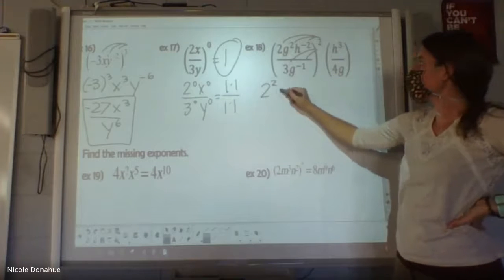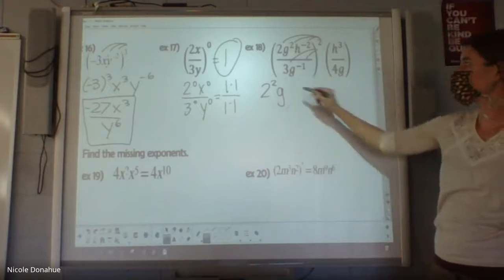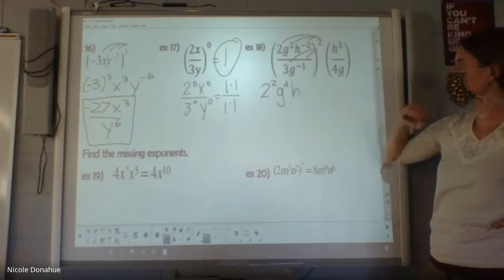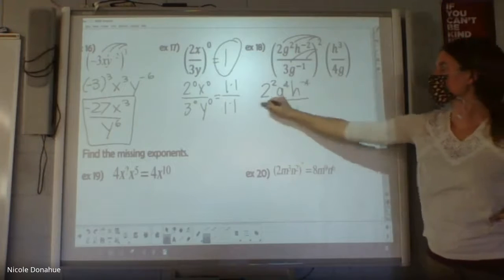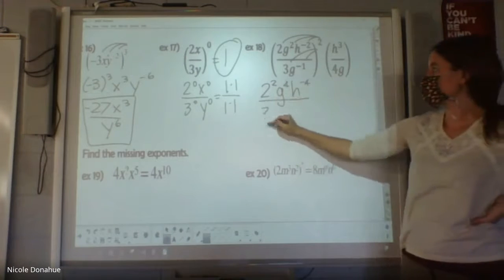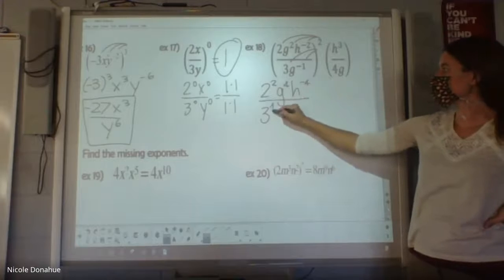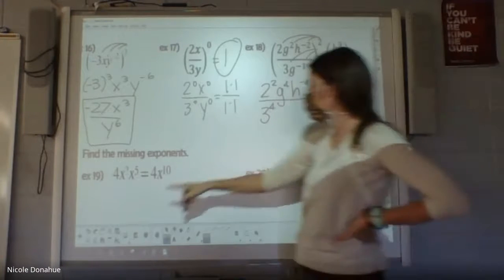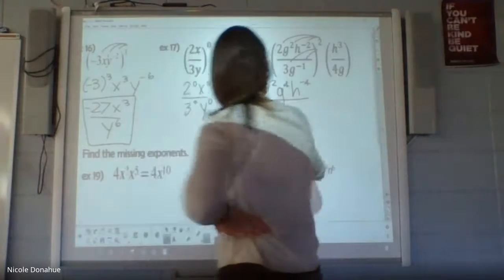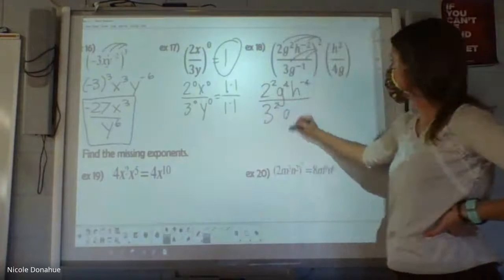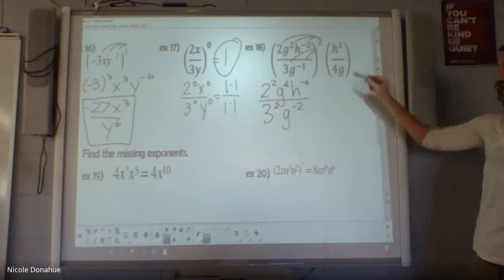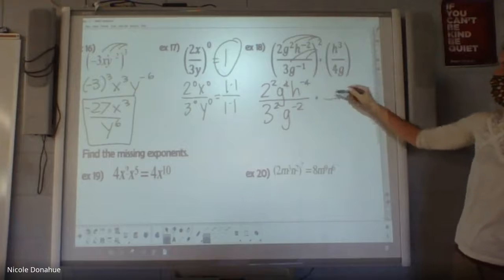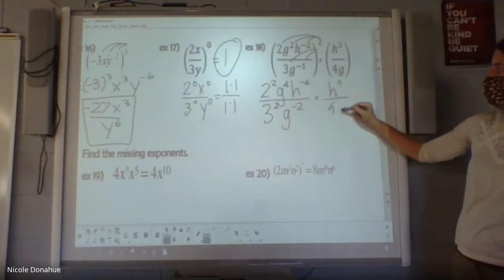2 to the second, g to the fourth, h to the negative 4. On the bottom, 3 to the fourth, sorry, I was used to putting 4s on there. 3 to the second, sorry, g to the negative 2. Now this is being multiplied to this other fraction, so I'm just going to move that along.